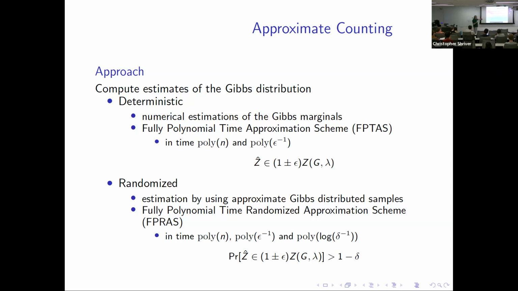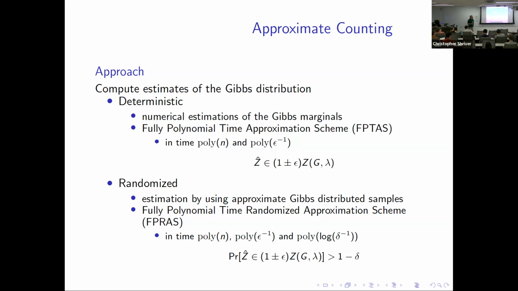For the randomized algorithm, we have probabilistic approximation guarantees, right? An FPRAS returns an estimation Z hat of the partition function, which is within a 1 plus minus epsilon factor from the actual value, with probability larger than 1 minus delta, in time which is polynomial in the size of the graph n, 1 over epsilon, and log of 1 over delta.